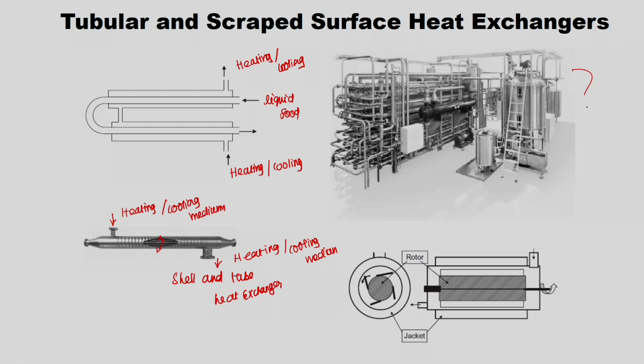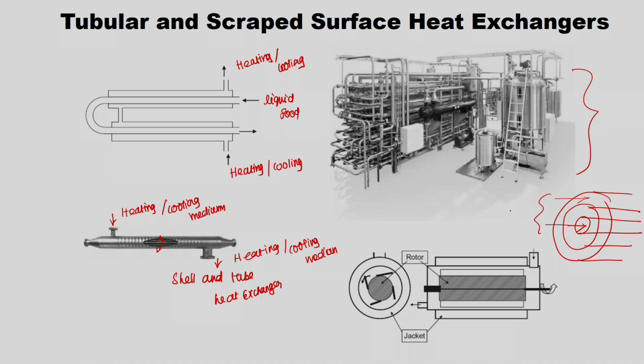So, this is what your tubular heat exchanger looks like in the industry. And one more thing we have seen is the triple pipe. Triple pipe is something like this. The inner pipe as well as the outer pipe have the heating or cooling medium flowing in them.